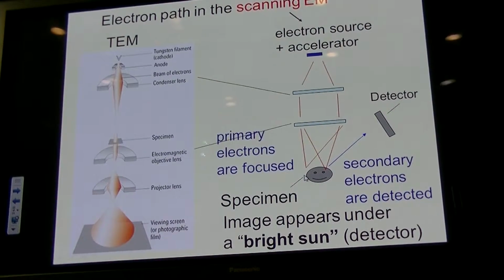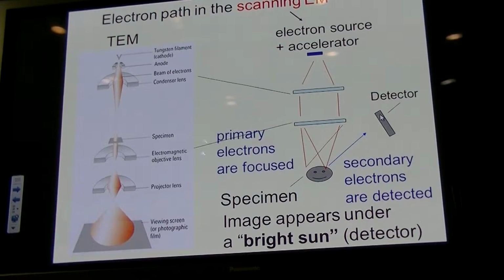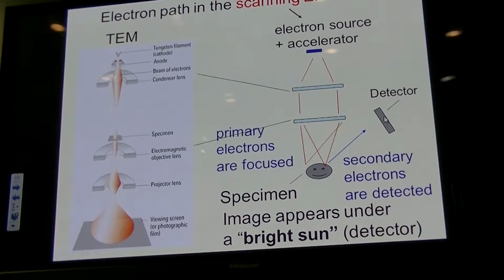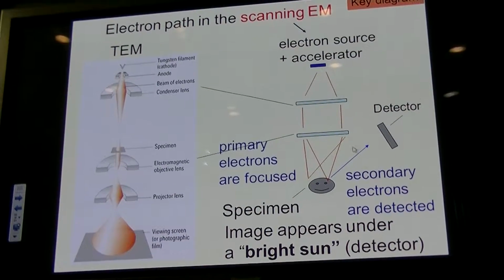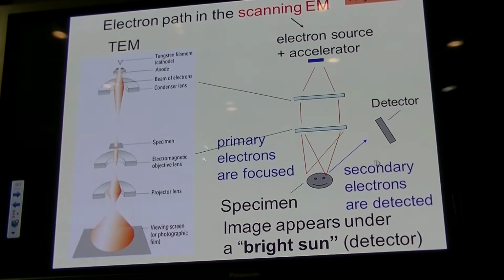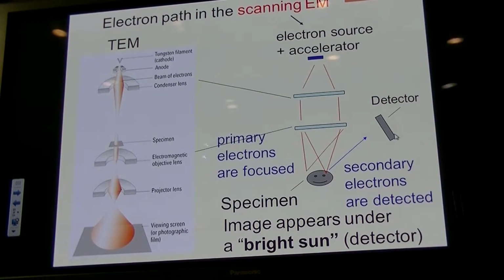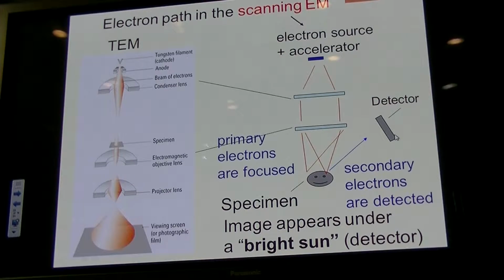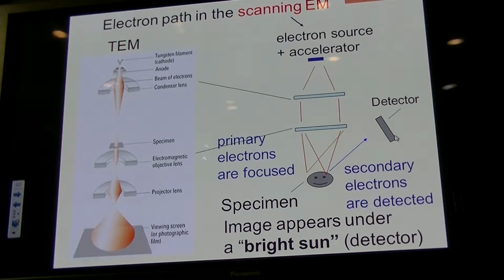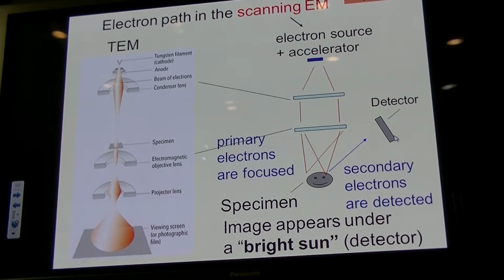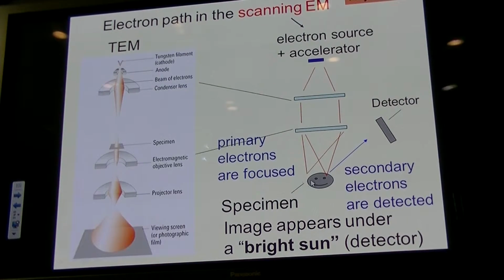They have a low speed, and we have a detector, which is a positively charged object, and it captures those secondary electrons. That gives a current. That current is detected by a computer, and it matches this as a brightness together with the position of the scan for the primary electrons. So we get an image formed by means of a computer, if you want. So it's the scanning principle.